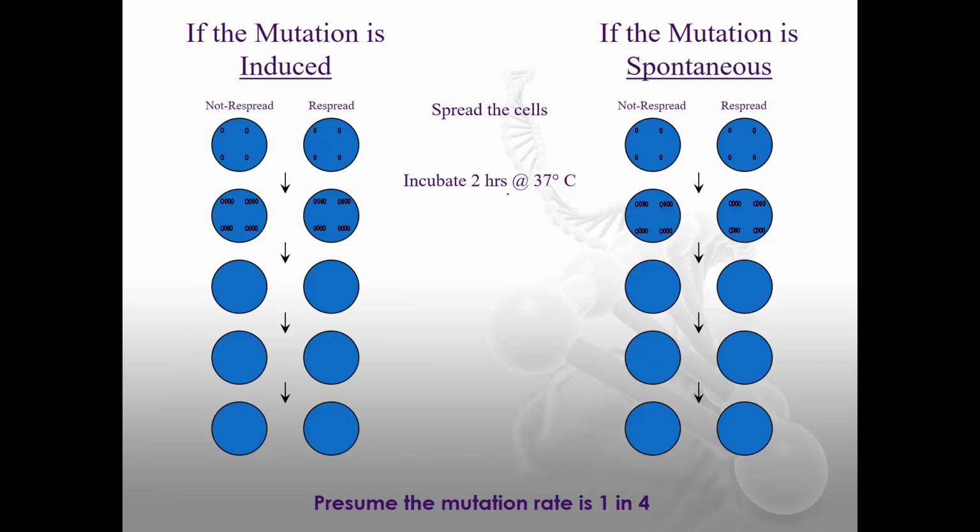And so the next thing that we did is we respread one of the plates, which means we left these 4 microcolonies alone, but here we took these 4 microcolonies, we broke them up, and we took these cells and we spread them all over the plate again. Just when they were getting comfortable, we decided to move them around.